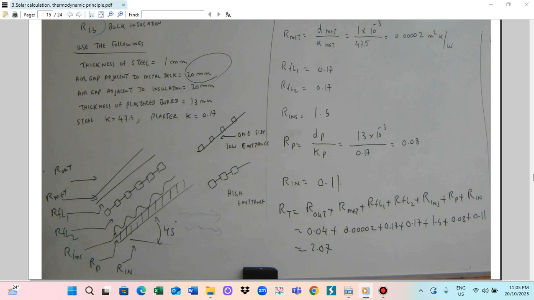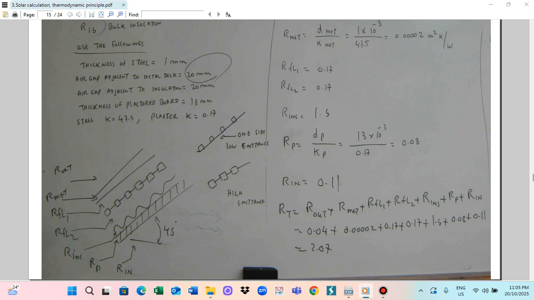Because this is an approximate structure, you have to assume this is high emittance, and 45 degrees. You see there's a roof structure, and the roof structure is 45 degrees. So because of this, you have to use 45 degrees. Up and down, you can choose any one.